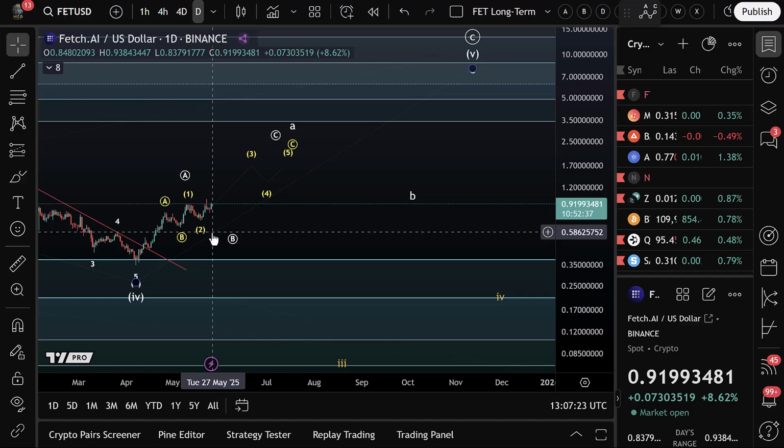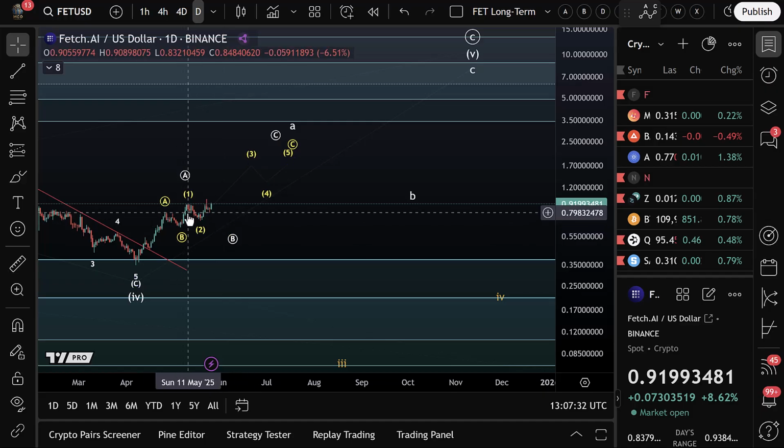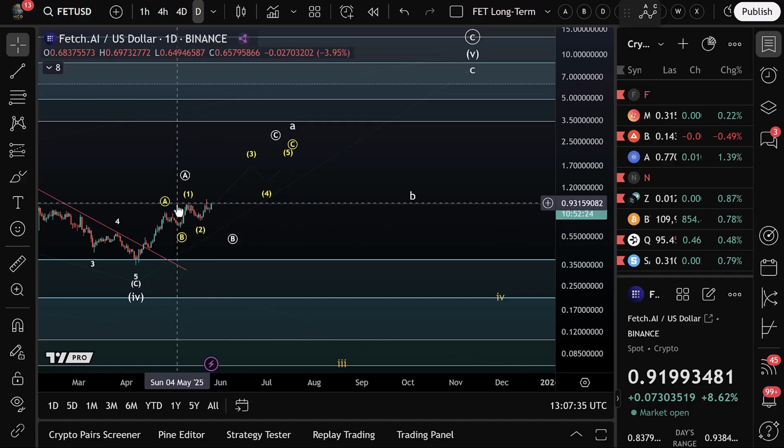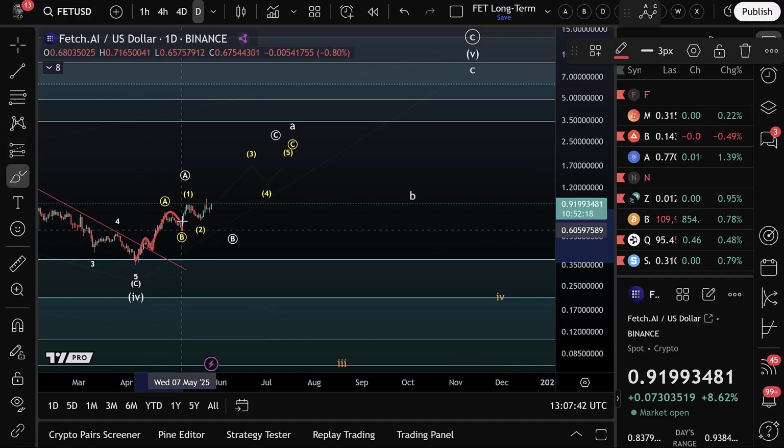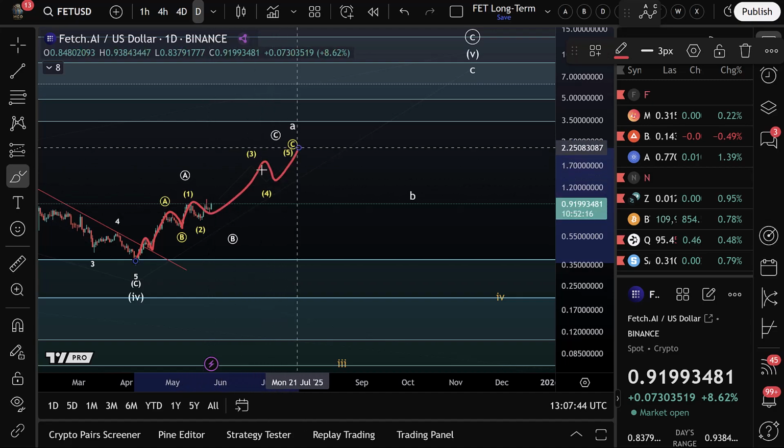This has been my leaning for quite some time, that we're looking for higher prices, especially after FET formed that 5-wave move to the upside, which formed a price top here on the 13th of May. Okay, so we can say we have 3 waves up in wave A, then we had a B wave pullback, and this goes now up more directly. Talked about that in the last video.